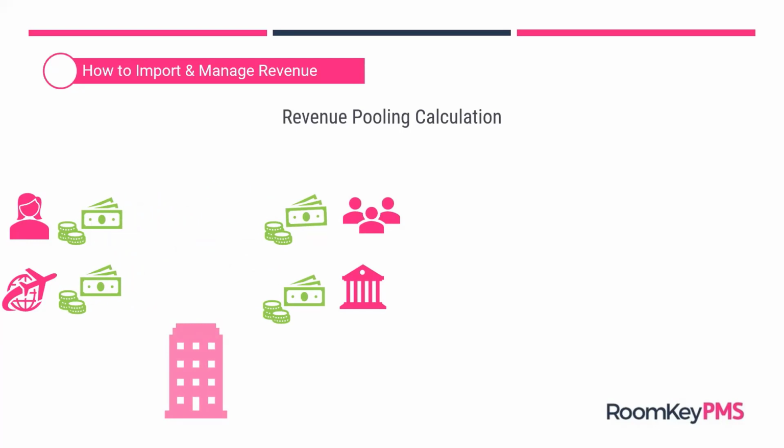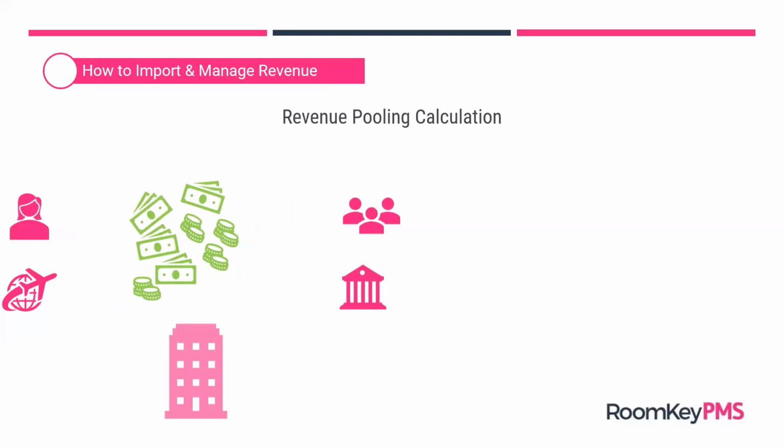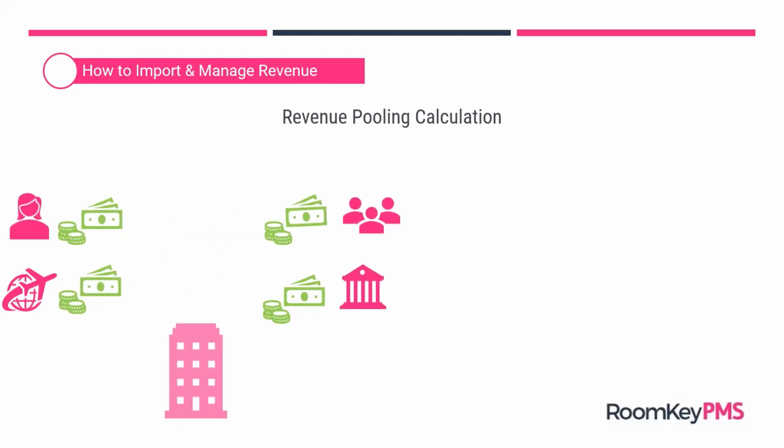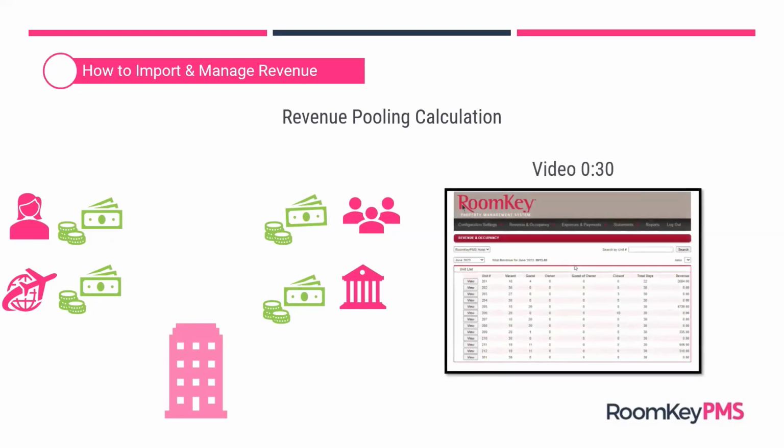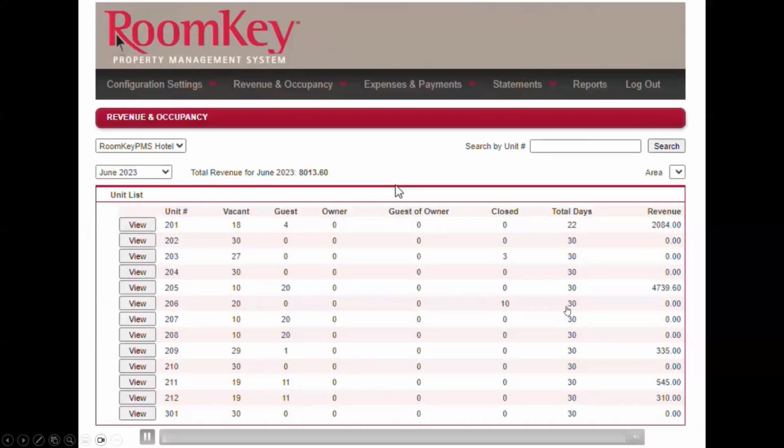Those revenue and expense factors were something that we set up in yesterday's presentation. So this action of pooling the revenue together and then redistributing it can be automated in RoomKey as well. I've got a short video here, about 30 seconds, that will show us how to enable that revenue pooling calculation.